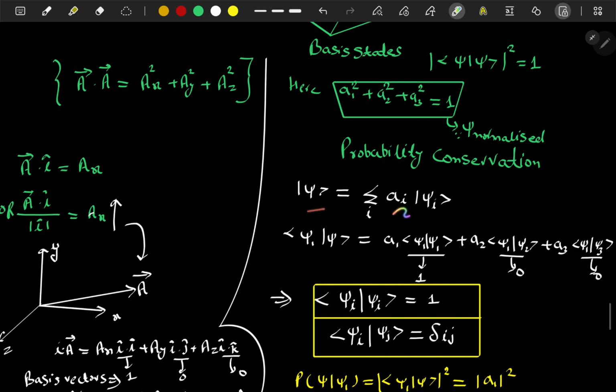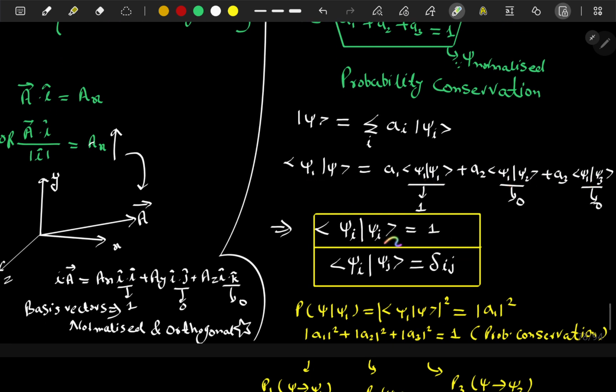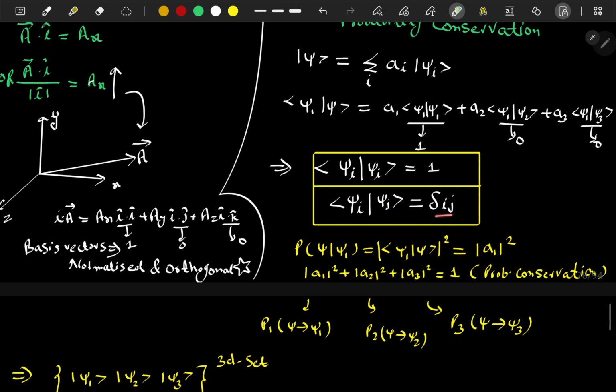So psi can be defined as sum of ai psi i, a1 psi 1, a2 psi 2, and a3 psi 3. And when psi 1 interacts with the wave function psi, we get psi 1 psi 1, psi 1 psi 2, and psi 1 psi 3, and normalization means psi i psi i equals 1 and psi i psi j equals 0, meaning delta ij can be 0 or 1.